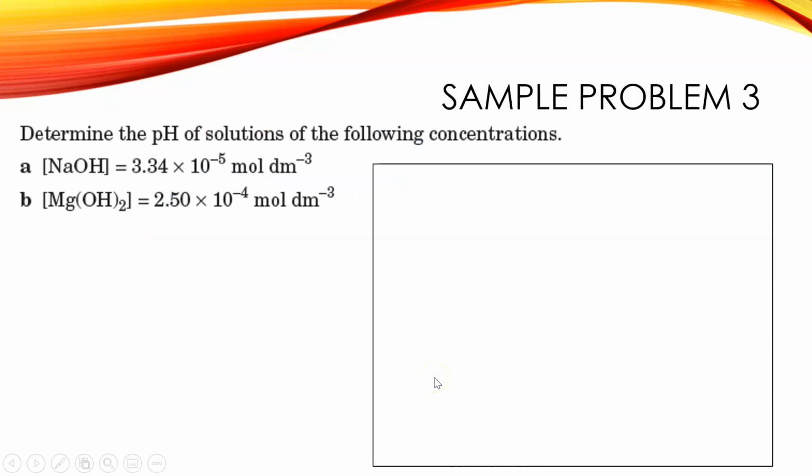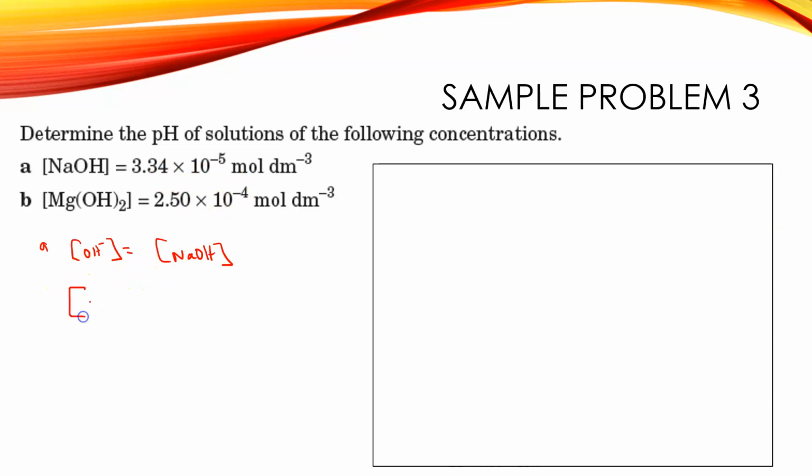We're asked to determine the pH of the following solutions, and we have been given hydroxide concentrations. So for A, we need to remember that the concentration of hydroxide is going to equal the concentration of sodium hydroxide. But to work out the pH, we're going to need the concentration of H3O+.